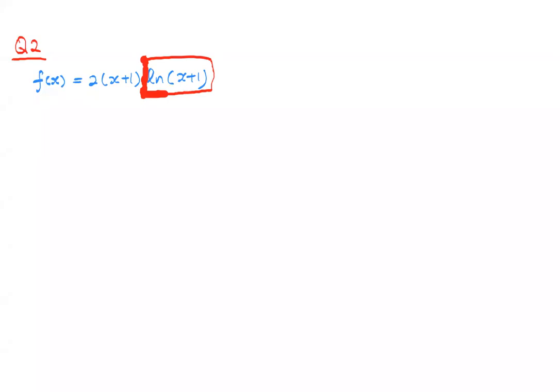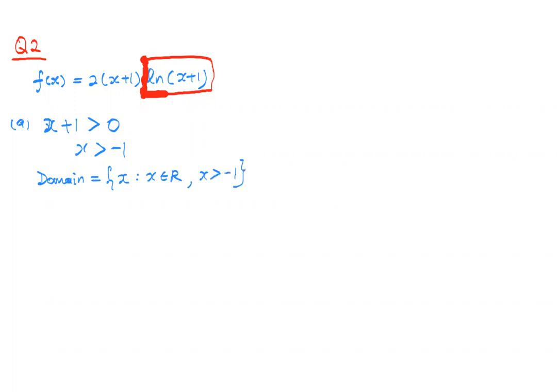For part A, the domain, I must say x plus 1 must be greater than 0, so x must be greater than -1. So I get the domain: x is a member of the real numbers and x must be greater than -1.